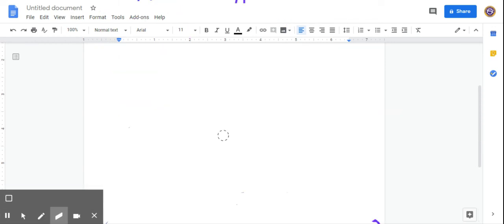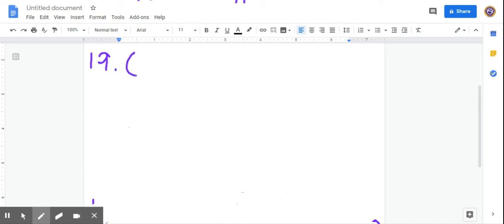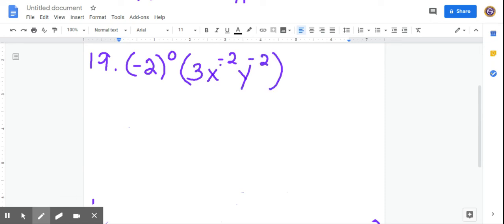Number 19. 19 says rewrite using positive exponents. So you have negative 2 to the 0 power times the quantity of 3x to the negative 2, y to the negative 2, all being raised to the negative 1.